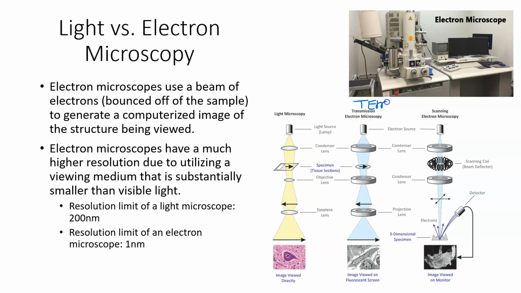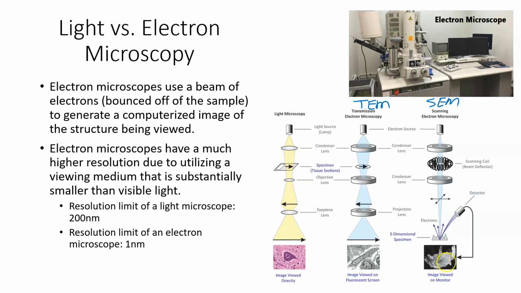The electron microscopy techniques are transmission electron microscopy, often shortened to TEM, and scanning electron microscopy, SEM. They both utilize electrons as the energy source and a series of condenser lenses, but the difference is whether you're looking at the surface or looking through a specimen. In a scanning electron microscope, which is exactly what it sounds like, we are scanning the surface.